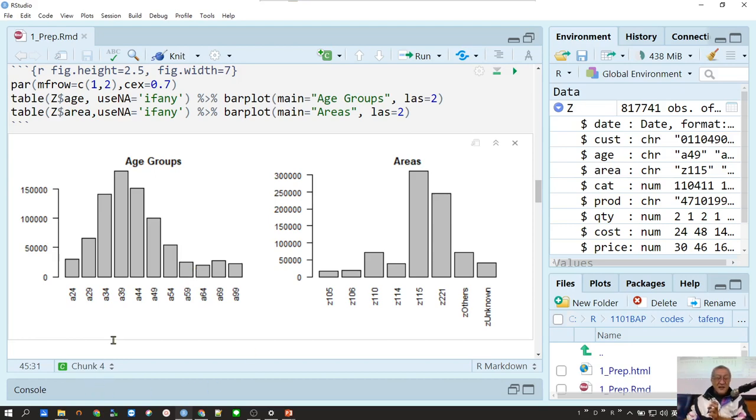We can see that in Tafang's customers, which age group has the most number of customers? We can see that, it's A39, isn't it? So you can see that the middle age is the major customer of this retail store.